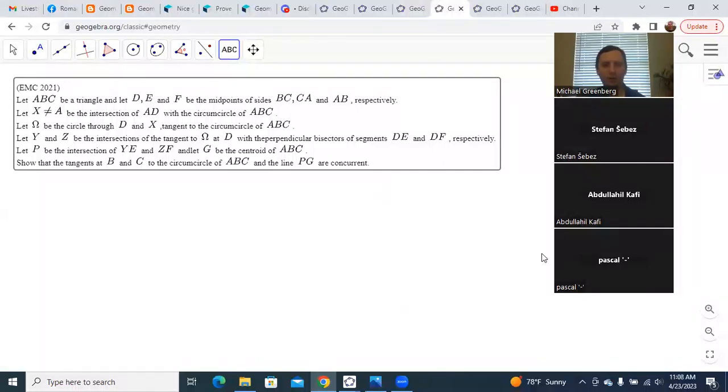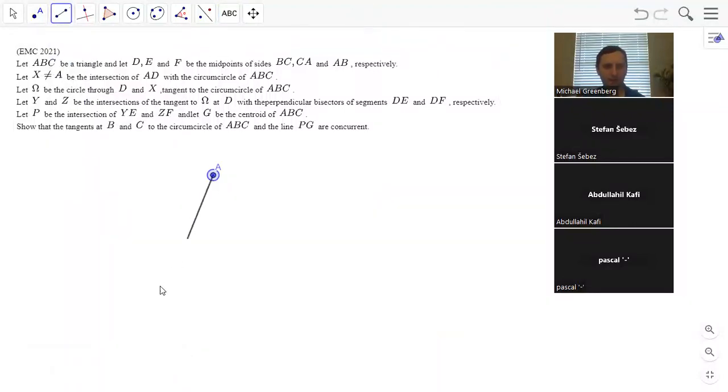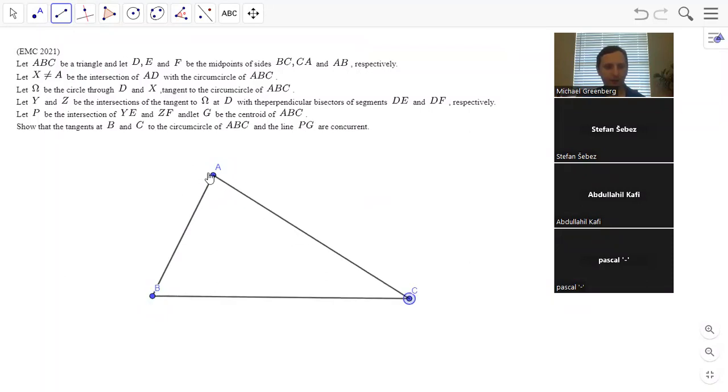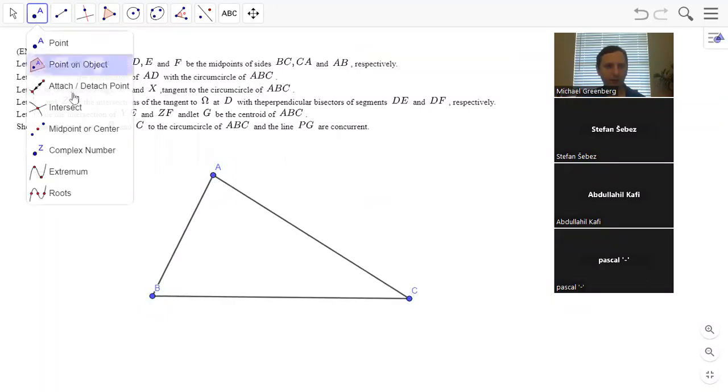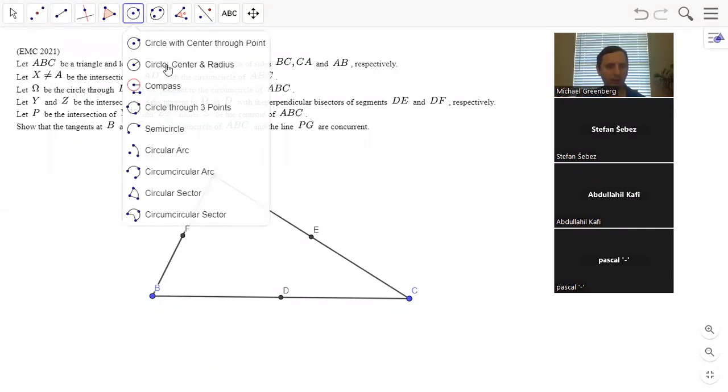Oh, this one actually looks kind of tricky. Let's see. So we have triangle ABC. And D, E, and F are the midpoints. D, E, F. X is the intersection of AB with the circumcircle.